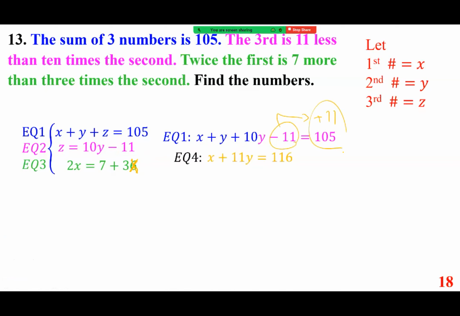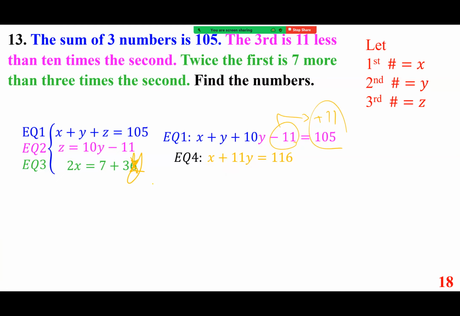I'm going to name it equation number 4. Equation number 4 has X and Y. Okay. This was Y. I thought I put Y. My apologies here. Okay.